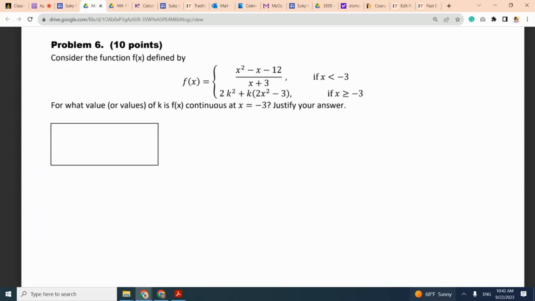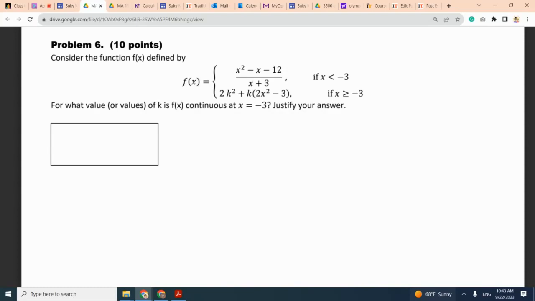So you look at where do they meet? They meet at x equals -3. So you compute the left side of the limits and you compute the right side of the limits. You set them equal, okay? And you also need to figure out what is f of -3. Okay, so you have to say that equals f of -3.